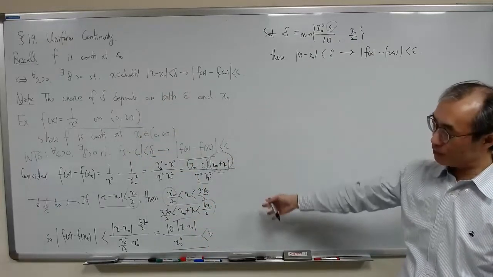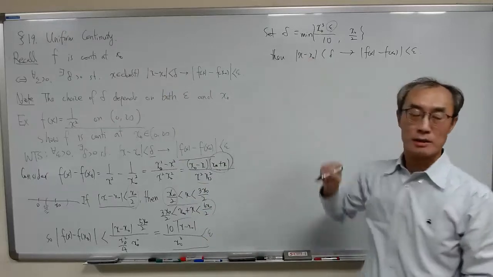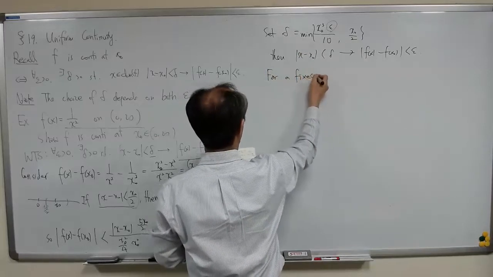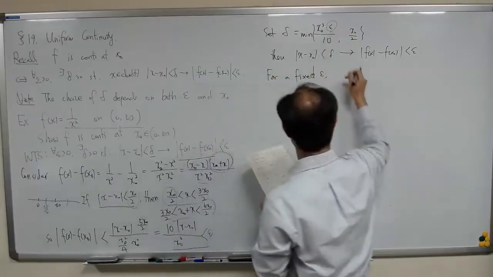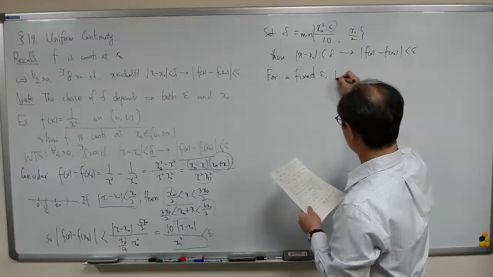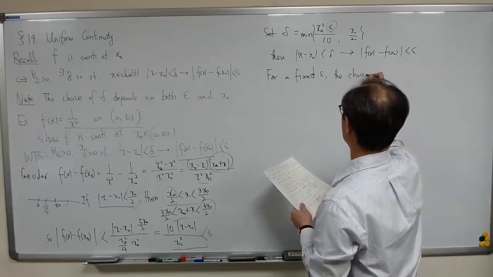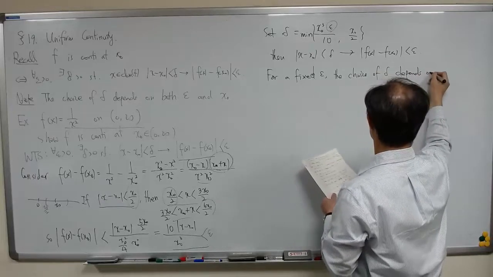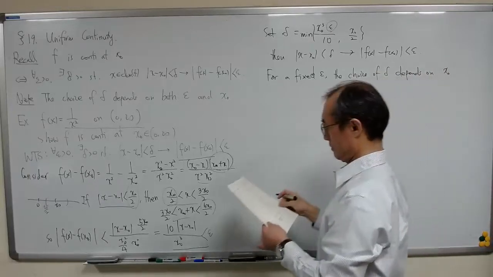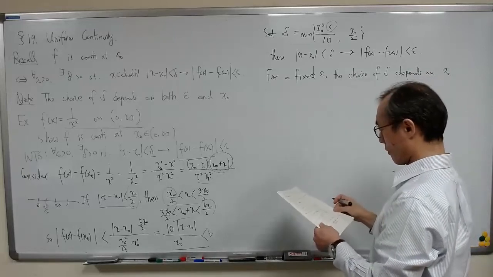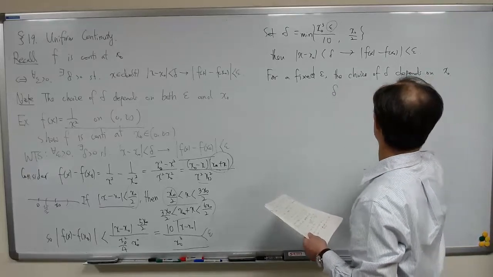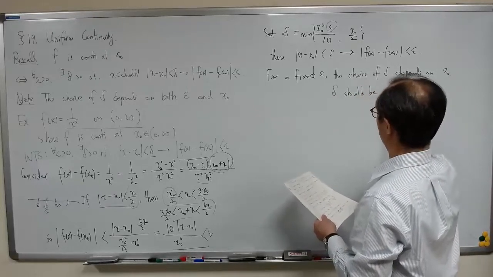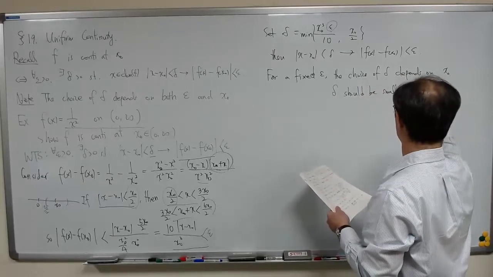However, in this proof, the choice of delta, even for a fixed epsilon, depends on x naught. This delta should be small for small x naught.